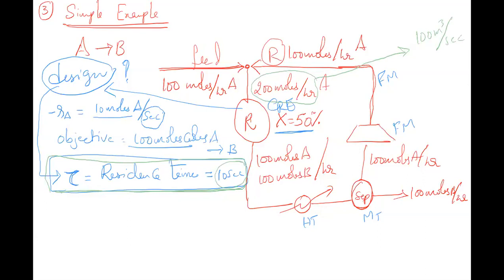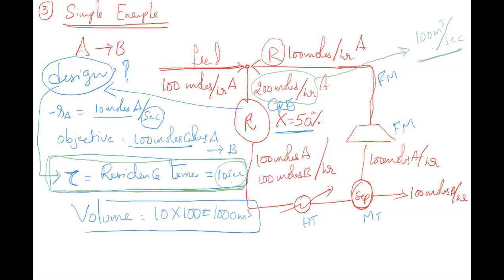Then what is the volume of the reactor? I need to hold these molecules for 10 seconds, and the volumetric flow rate is 100 meter cube per second. So 10 into 100, which is 1000 meter cube, is the volume of the reactor.